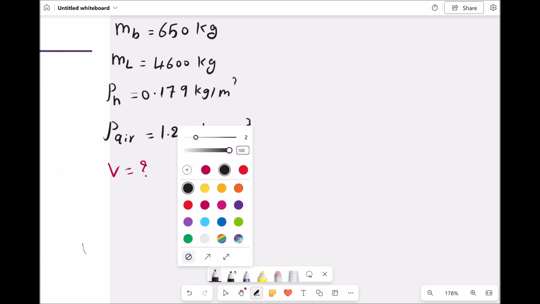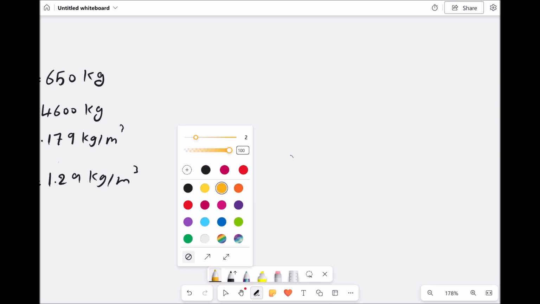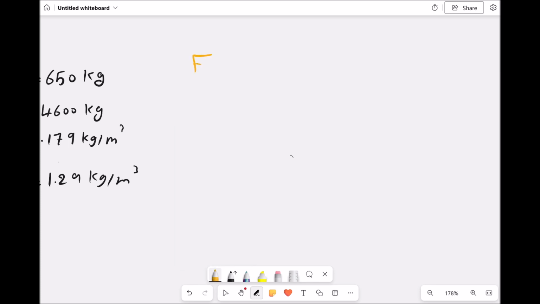Now we are going to say F_B, which is the fluid's part. Let's write this in a different color. F_B is the fluid's part, so you're going to use the givens that you have for the fluid here.